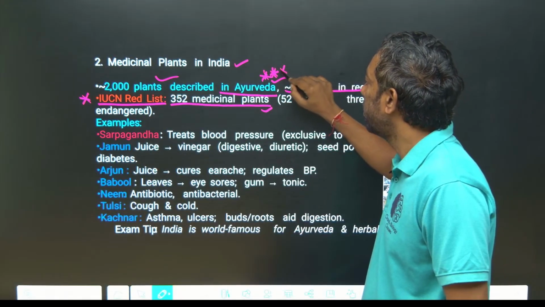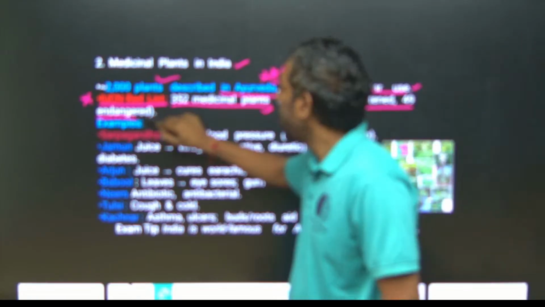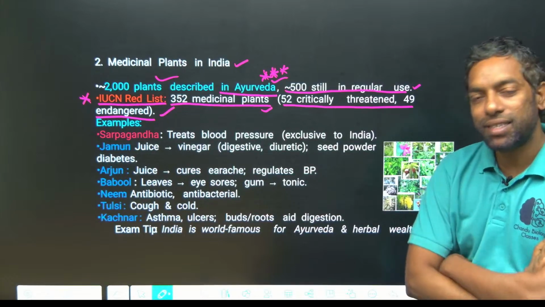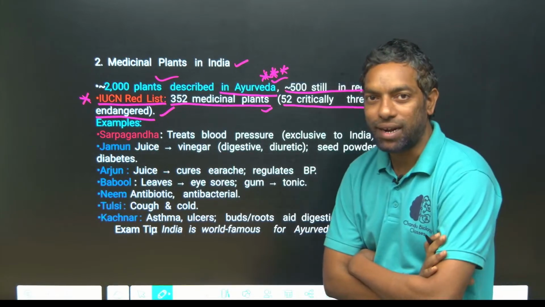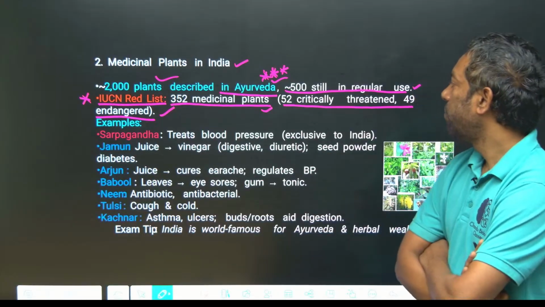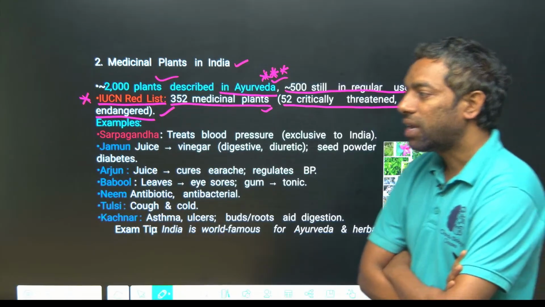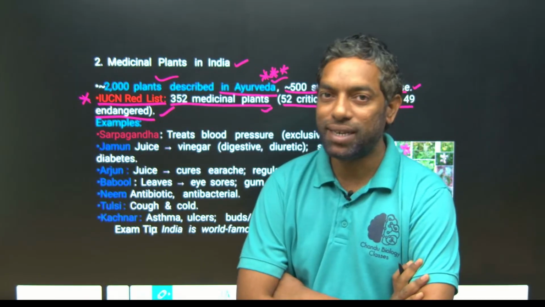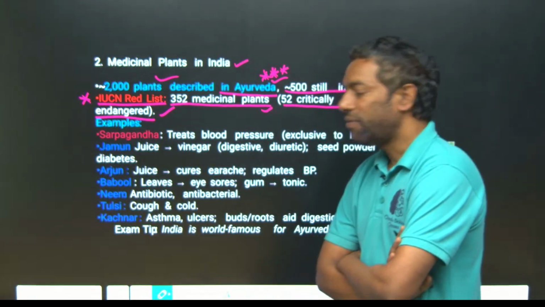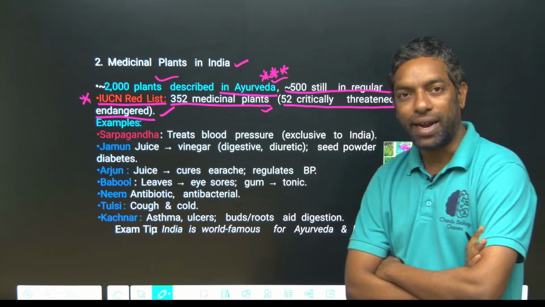And 52 are critically endangered, 49 are endangered. This is important from the exam point of view. It is talking not about all plants, but about medicinal plants: of 352 medicinal plants, 52 are critically endangered and 49 are endangered.